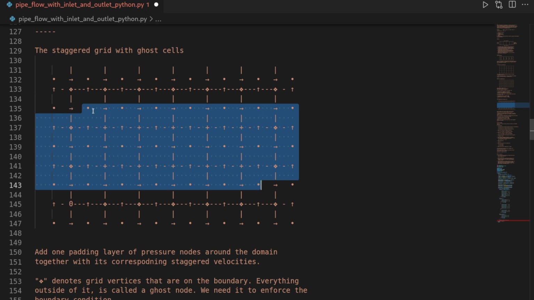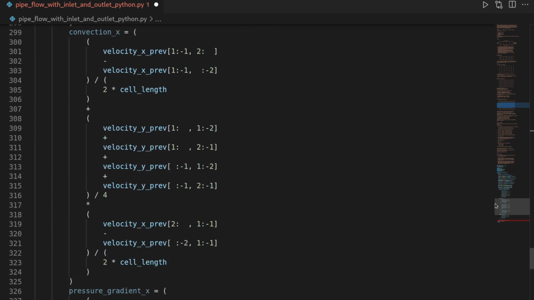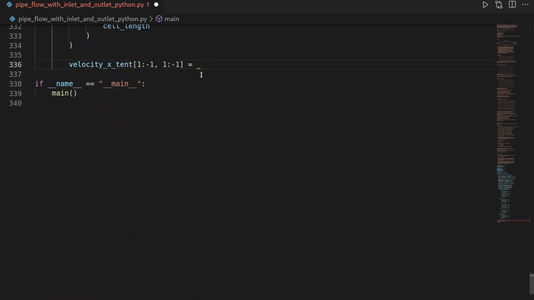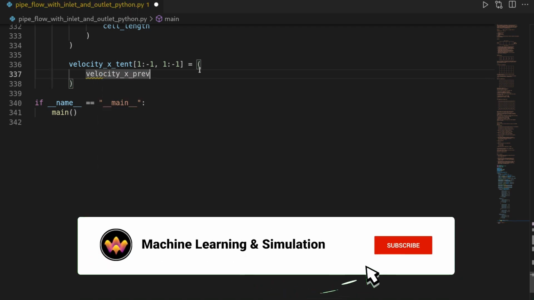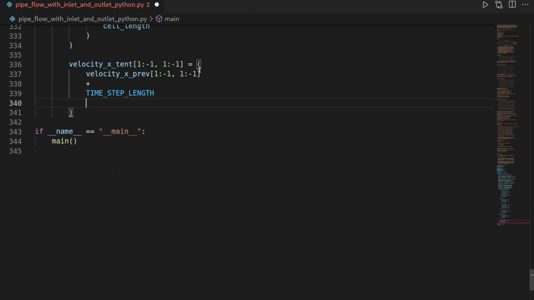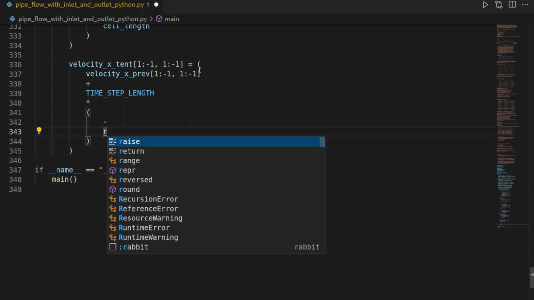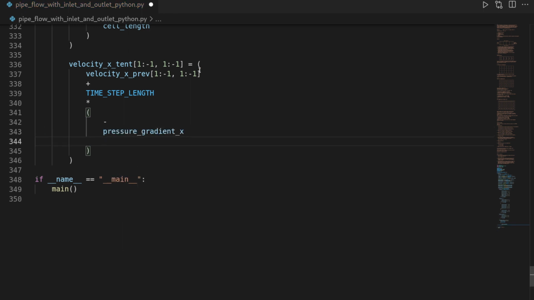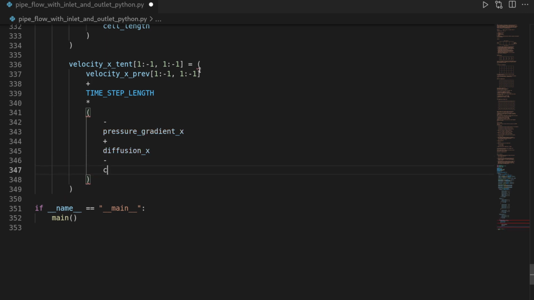It's hard to highlight that, but I think you can imagine that here. So we just say the velocities x tentative at the interior are going to be the velocities previous at the interior plus the time step length multiplied with the negative pressure gradient, so this one here, plus the diffusion minus the convection. And then we have tentative velocities at the interior.